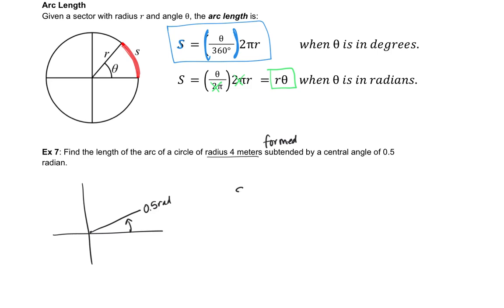So our angle is in radians and our formula is S equals r theta. I want to know the length of S. My radius is 4 meters, and my angle theta is 0.5 radians, and so this would give me 2. That is the length of an arc, and the units there are meters.